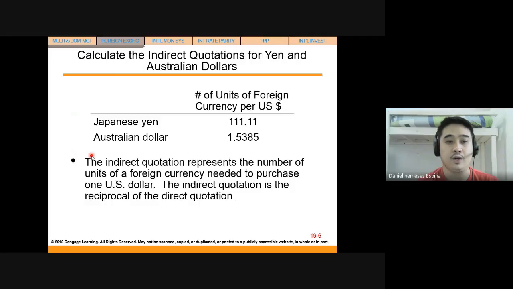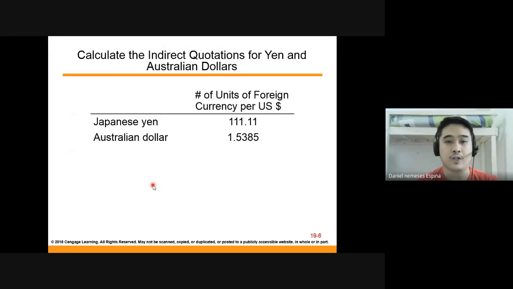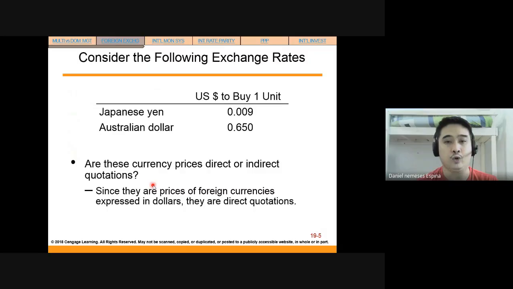It represents the number of units of a foreign currency needed to purchase one US dollar. Again, we are converting the equivalent of $1 to foreign currencies such as the Japanese yen and Australian dollar, and we call that indirect quotation. While the direct quotation is the equivalent of one foreign currency in dollars.